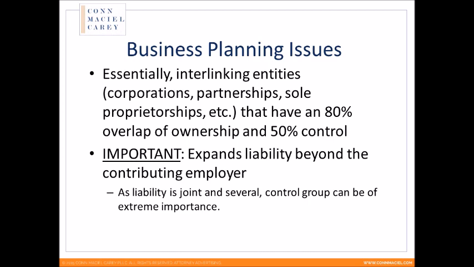The general idea here is that if you have entities that are owned or strongly affiliated with other entities, then those entities can all be responsible for any withdrawal liability. As I note there at the bottom of the slide, liability is joint and several, so the control group can be of extreme importance.